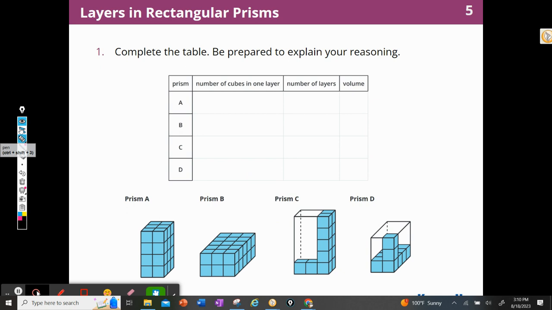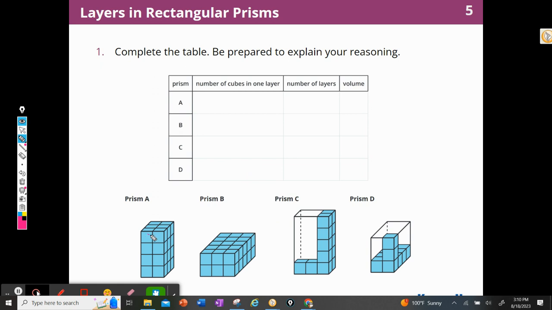Right. Our next activity, we're going to do layers in the rectangular prisms. We're going to complete this table, and we have to be prepared to explain our reasoning. So it looks like I need to look at prism A. For prism A, I need to know the number of cubes in one layer.